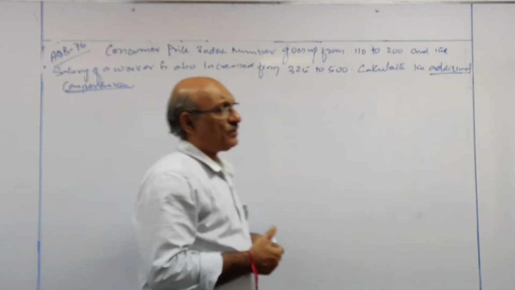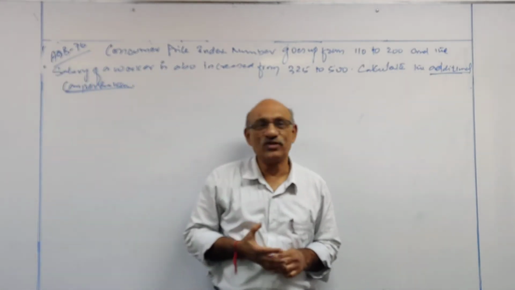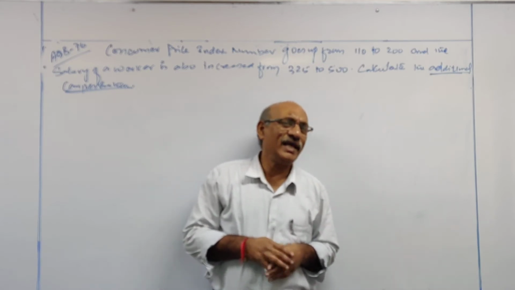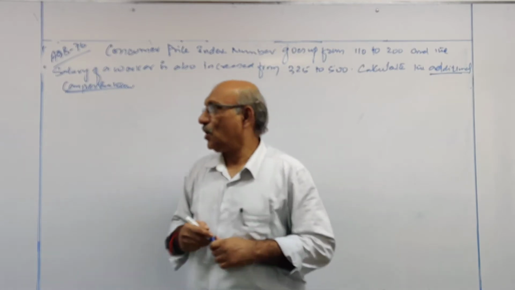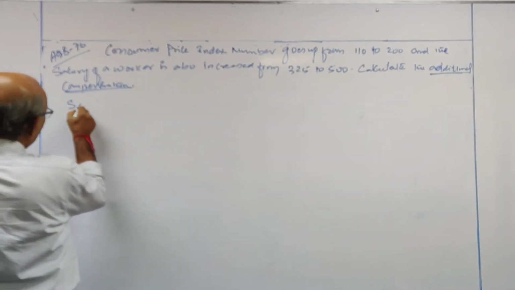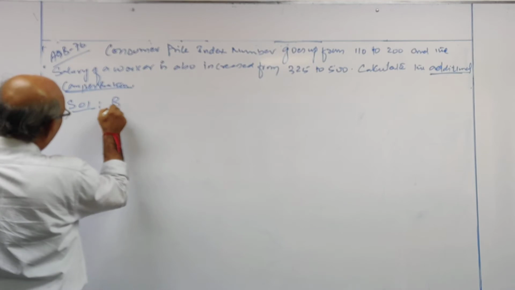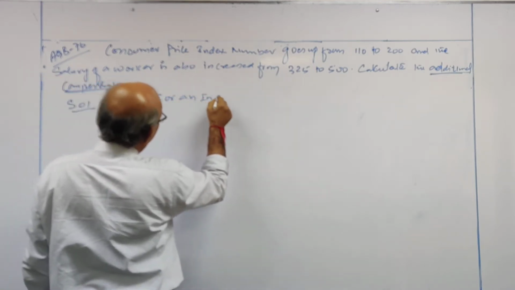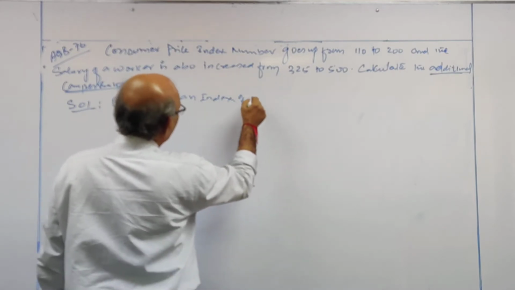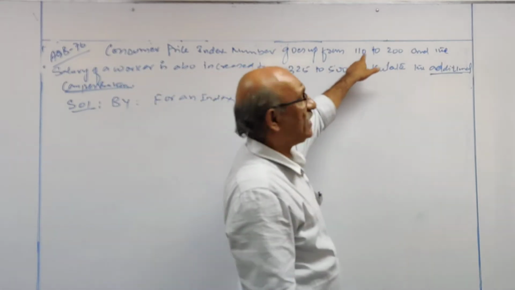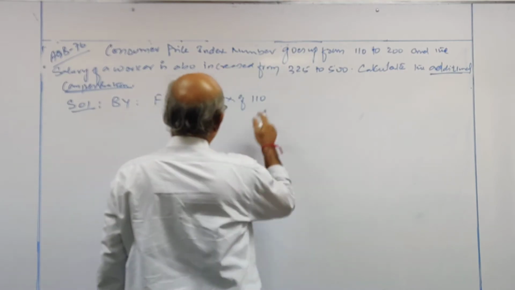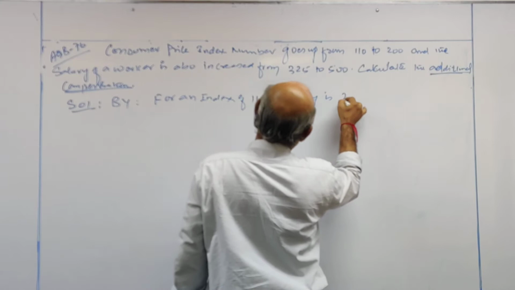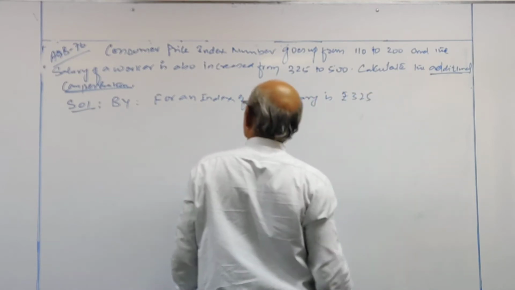So whenever it is a problem of additional compensation, the process is the same. You have to calculate the salary according to index number. Okay. See the solution. Base year: for an index of 110, here the base year index is given as 110, salary is rupees 325.